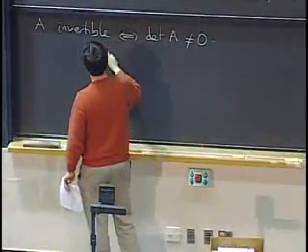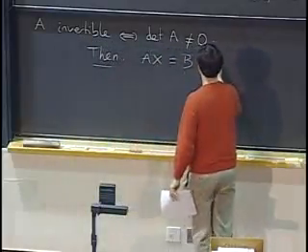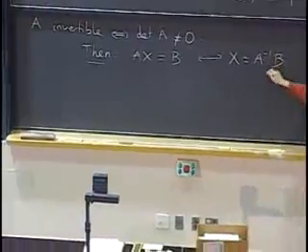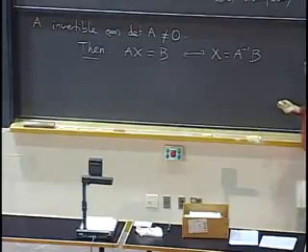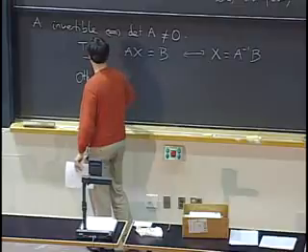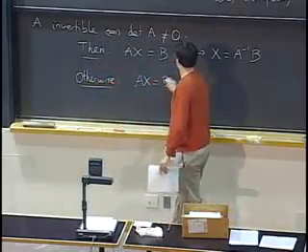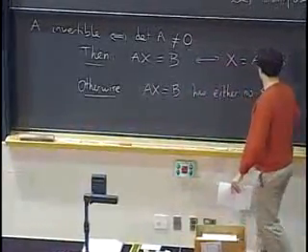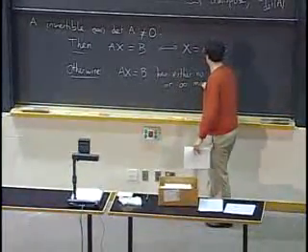And if that's the case, then we can solve the linear system AX equals B by just setting X equals A inverse B. That's going to be the only solution to our linear system. Otherwise, AX equals B has either no solution or infinitely many solutions.